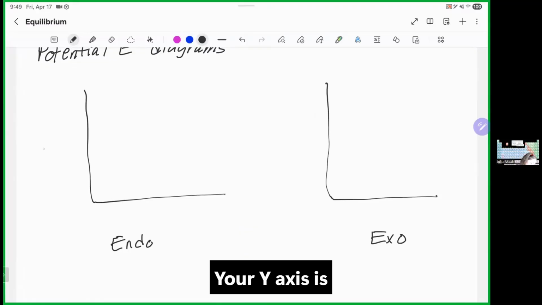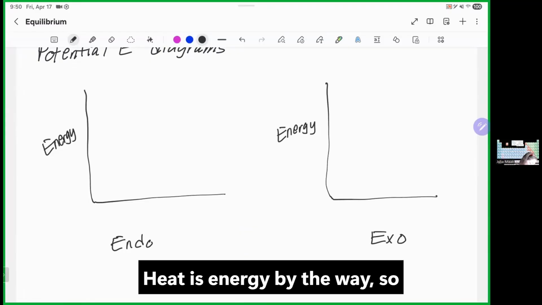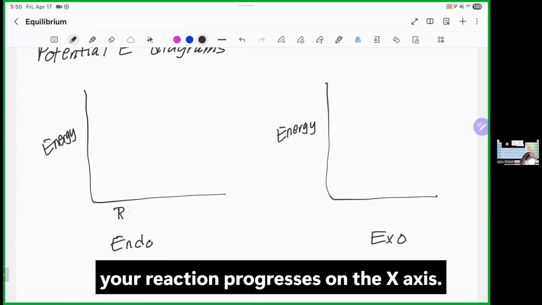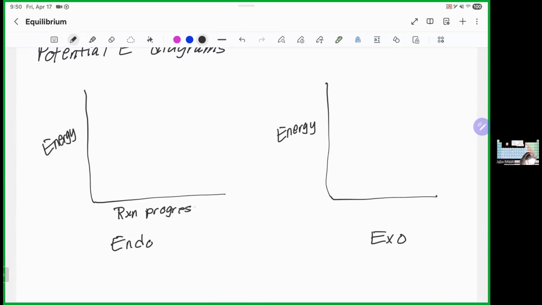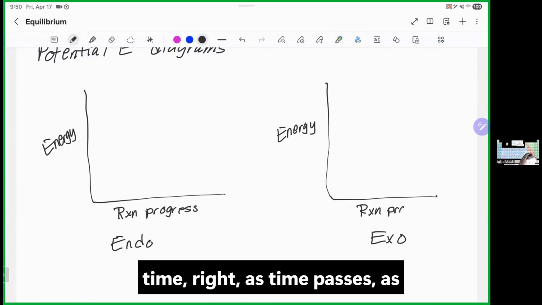Your y-axis is energy or heat. Heat is energy, by the way. So the y-axis, and this is as your reaction progresses on the x-axis, which could also be seen as time, right? As time passes, as the reaction progresses.